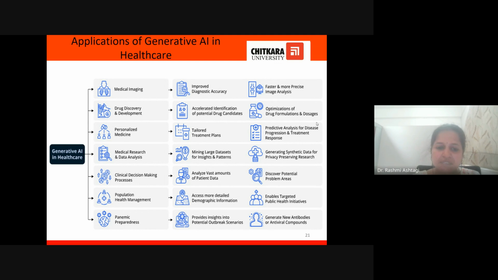It's used in medical research and data analysis, mining large data sets. I said we don't have the data set. A very big problem we have in healthcare is that we don't have the data set. When you say broader data sets, they are available, but when you go narrower inside a particular disease, say diabetes might have a data set, but inside that diabetes there might be many things.